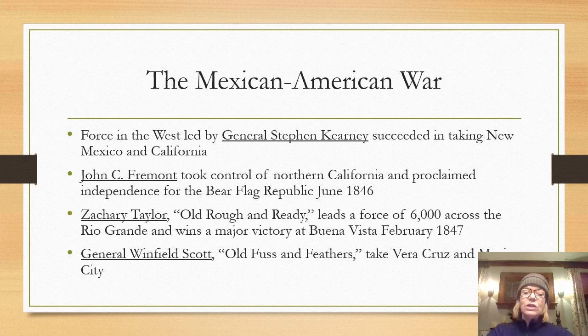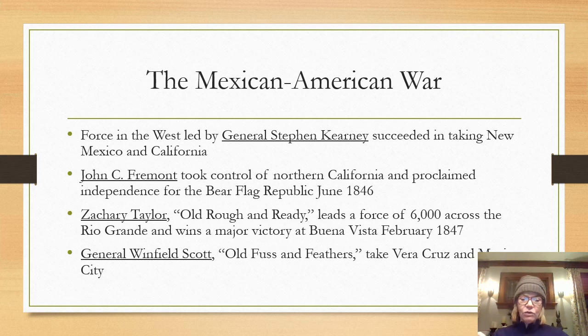So then we get General Zachary Taylor. They call him Old Rough and Ready. He leads a force of 6,000 from the north across the Rio Grande River to Buena Vista in February of 1847. Then General Winfield Scott comes in from the Gulf of Mexico.